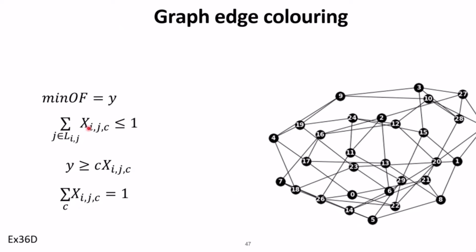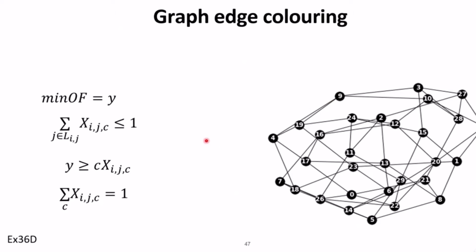It says that the summation of x_ijc, where the summation is over j, whatever is connected to i, should be less than or equal to 1. It means that the summation of all the edges connected to one specific node should be at most 1, and this is valid for every i and c. So no two edges have the same color if they are connected to one node.